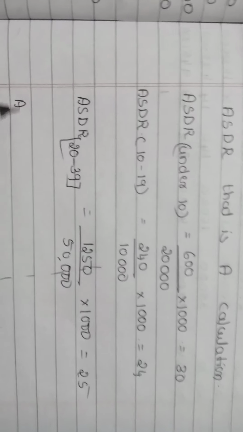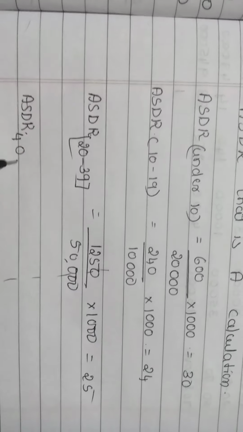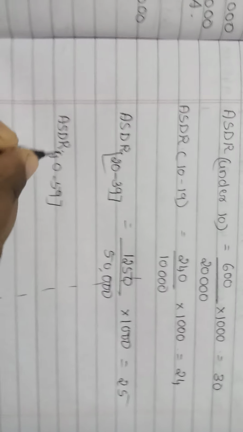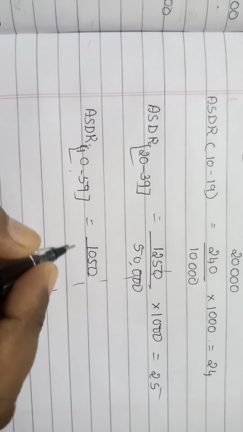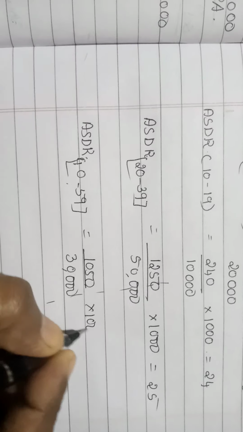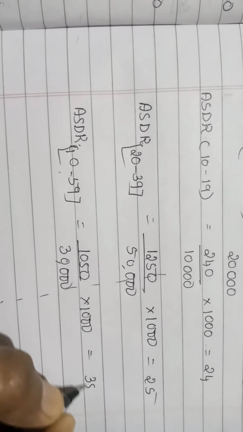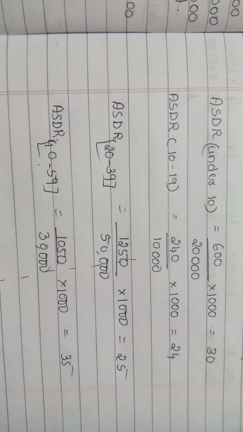Then ASDR for 40 to 59 is 1050 upon 30,000 into 1000, that is 35. So like this we have calculated ASDR values.